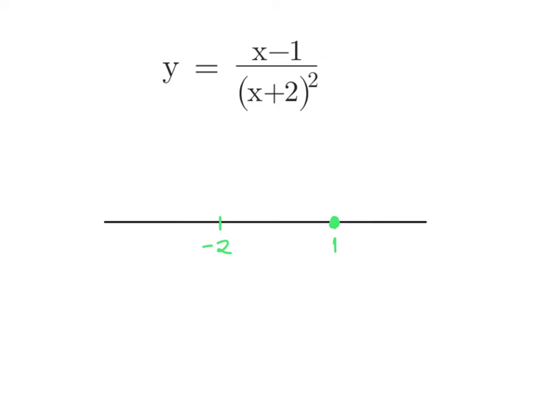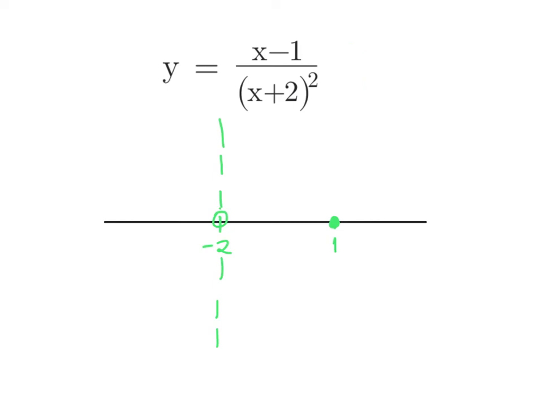Now, with -2, if we plug that in, we'll get -3 in the numerator and 0 squared in the denominator. So that's undefined, meaning that at -2, we have at least a hole, but holes only happen if we are able to cancel factors. Since we're not canceling factors, this is actually going to be a vertical asymptote again.